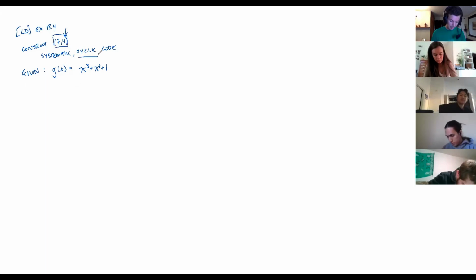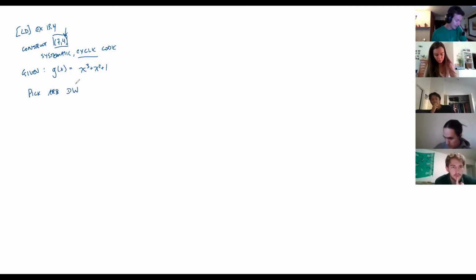We also know that what we're going to get is a cyclic code. So if I find one code word, then I get a bunch of code words for free because I get to cyclically shift it around and get a whole bunch of other code words. So one approach would be to pick an arbitrary data word.